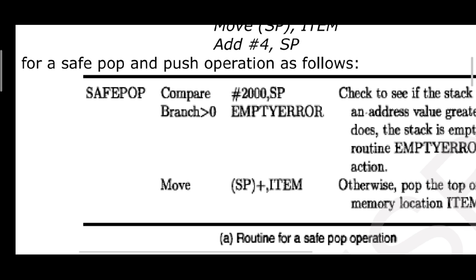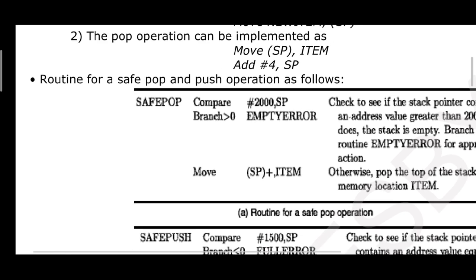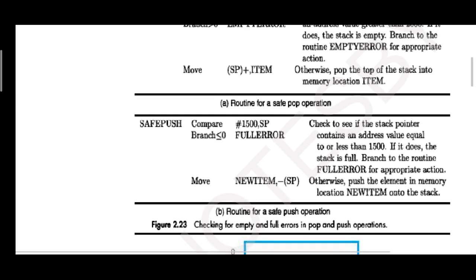Since there is no element on this stack at all, you cannot delete an element. That is what the save pop operation is. Save push means once the stack is full, obviously you cannot insert any more elements on the stack. You have to display proper messages for the user.